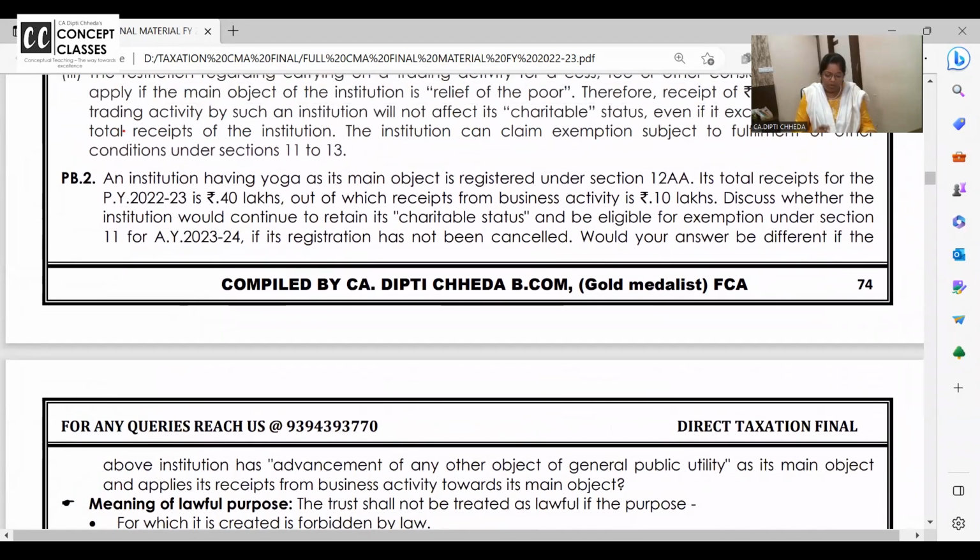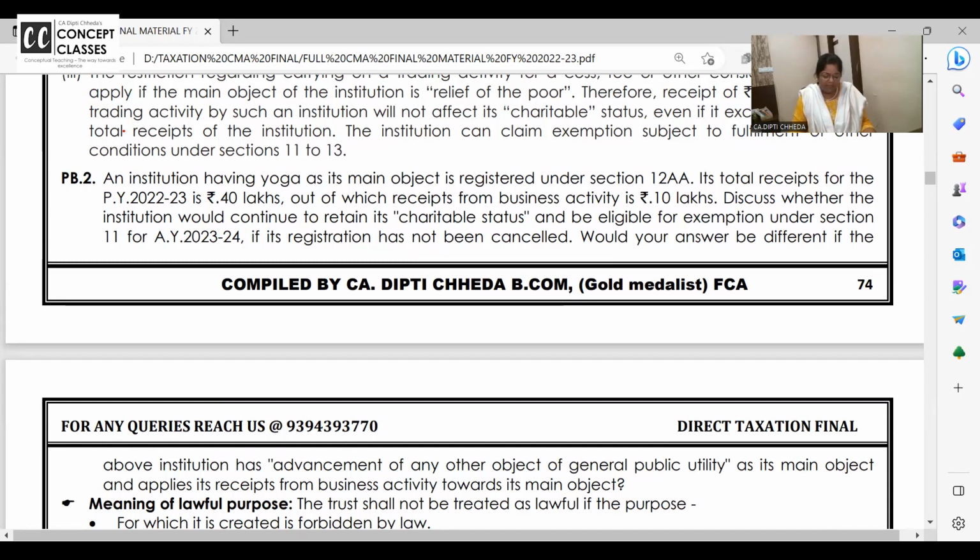Chalo. Now, second question. An institute having yoga as its main object is registered under 12A and total receipts for the financial year is 40 lakhs, out of which receipts from the business activity is 10 lakhs.